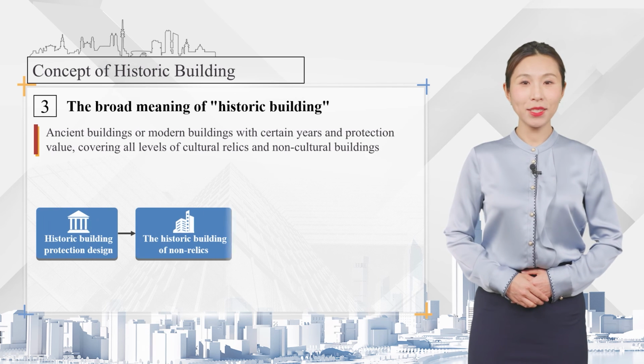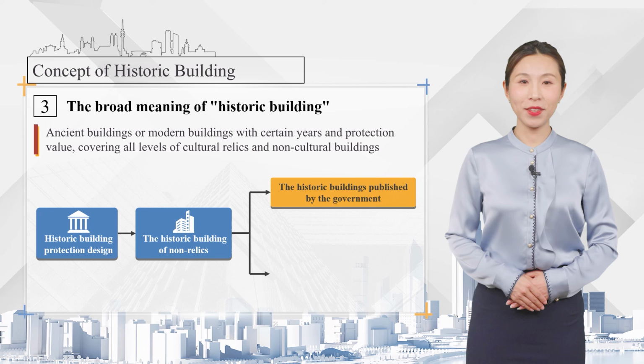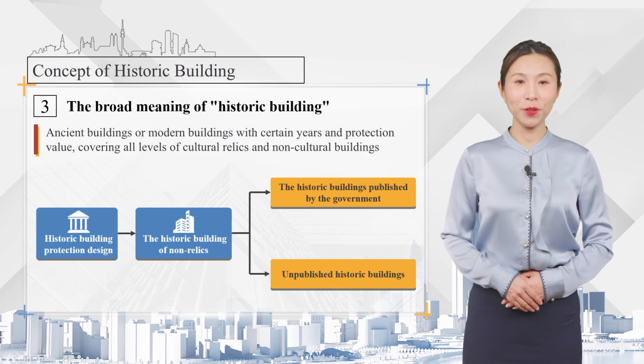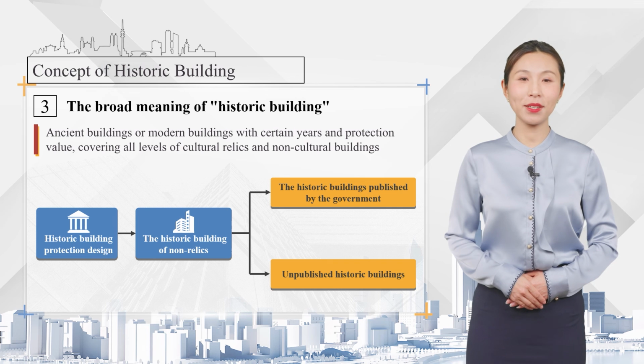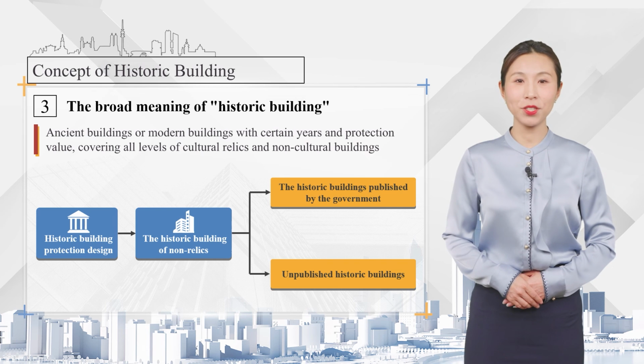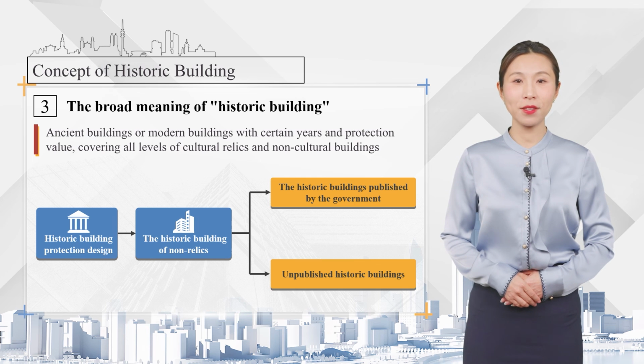The cultural relics buildings are strictly restricted by the protection law of cultural relics. Therefore, the object of this course is the historic building of non-relics, which is divided into the historic buildings published by the government and a large number of general historic buildings distributed in cities, towns, and historical districts with certain historical, scientific, and artistic values.